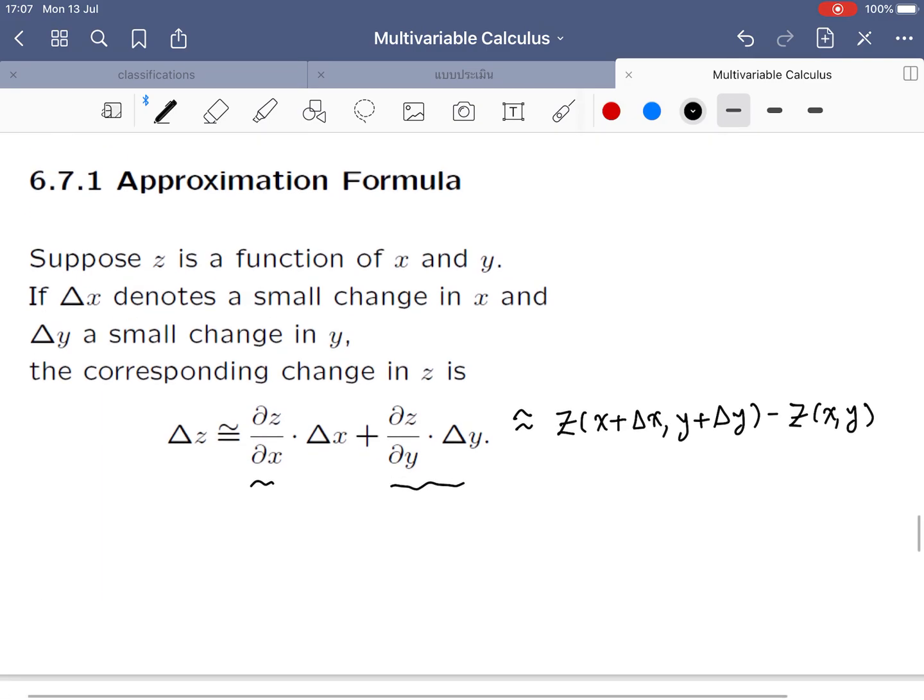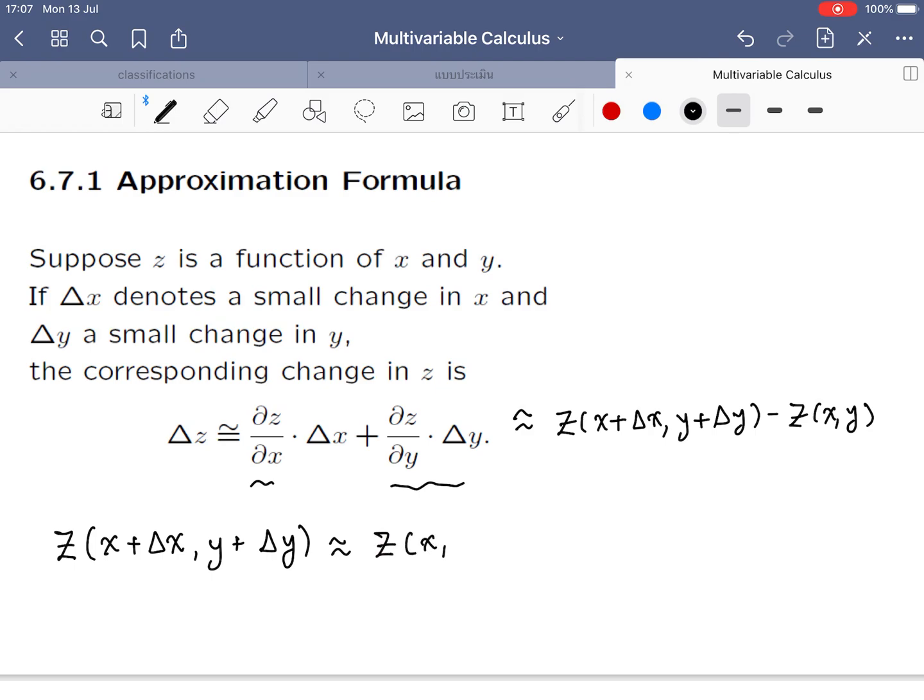Sometimes you may need to calculate this one instead. It is approximated by the z value at the particular point (x, y) plus, because you just move it here, the derivative of z with respect to x times Δx and the derivative of z with respect to y times Δy.